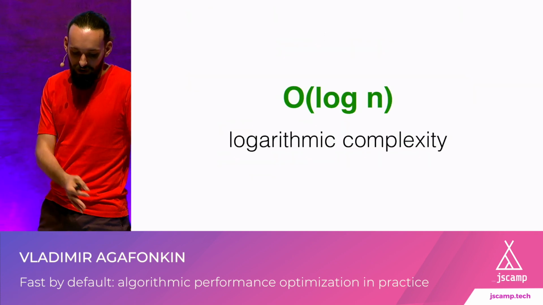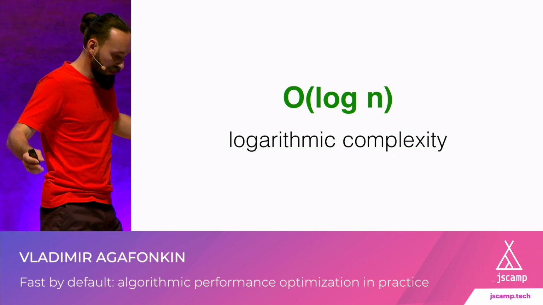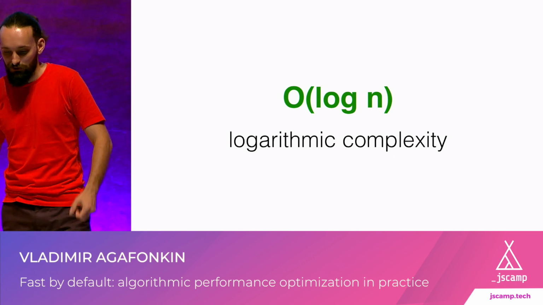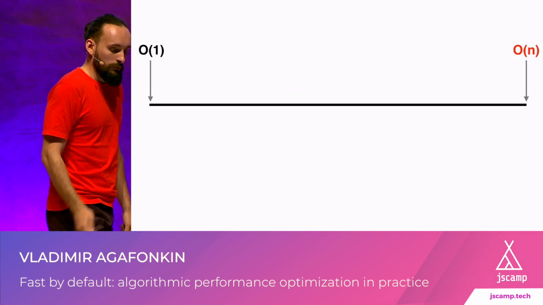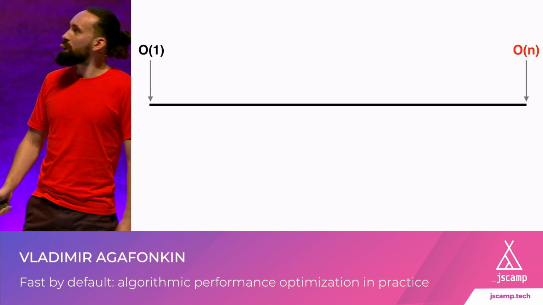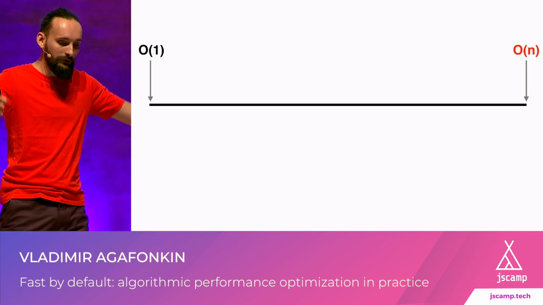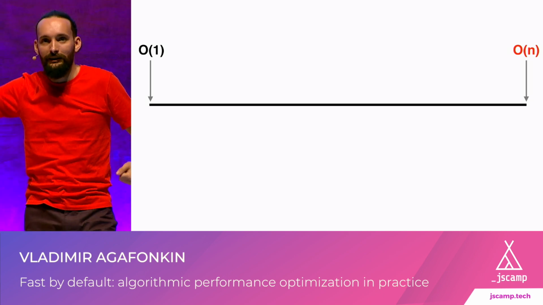I didn't mention a whole new, very important category of algorithmic complexity, which is logarithmic complexity. What many people don't understand about logarithmic complexity is how amazing it is. We have this range from constant complexity to linear one.